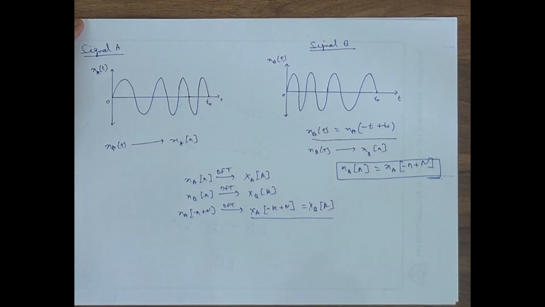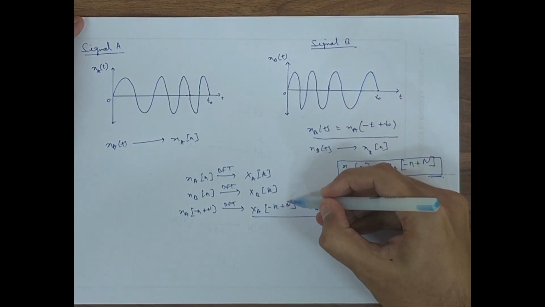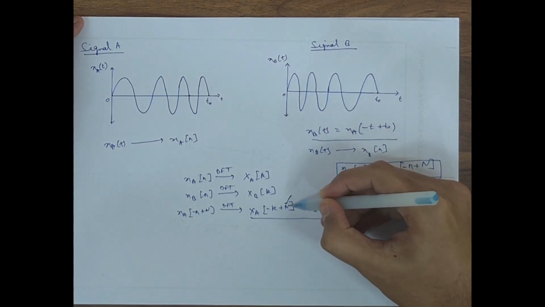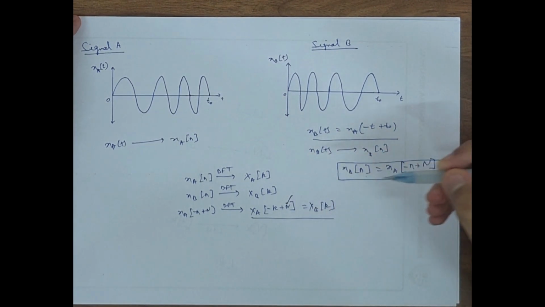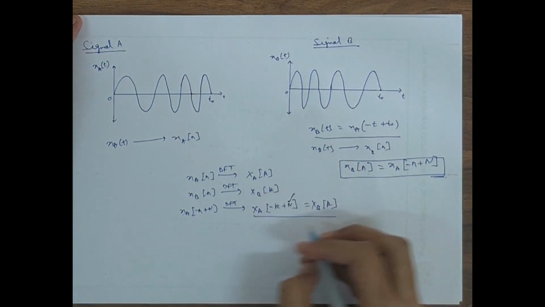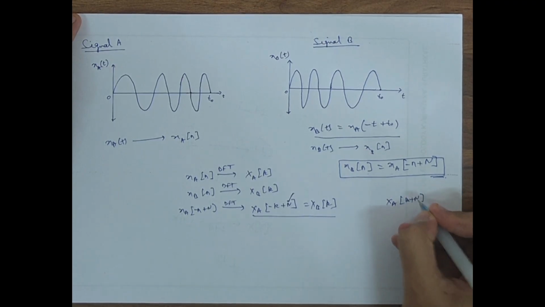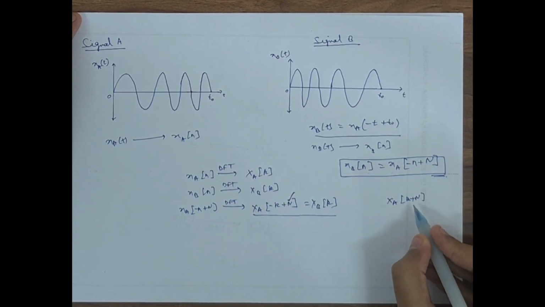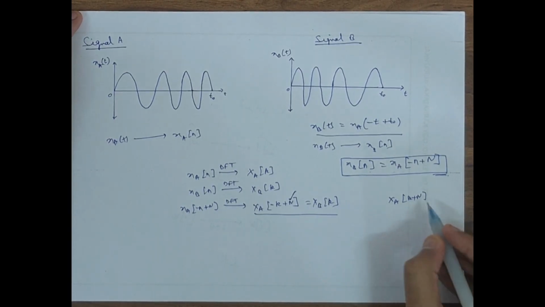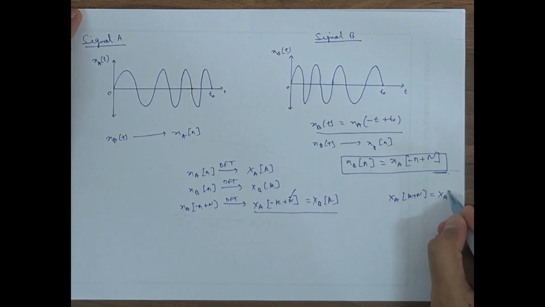Alright. So now there's a property of the discrete Fourier transform that it is periodic with period N. Since we are taking N samples, it's periodic with period N. What it means when I say the discrete Fourier transform is periodic with period N is that Xa of k plus N will be equal to Xa of k.